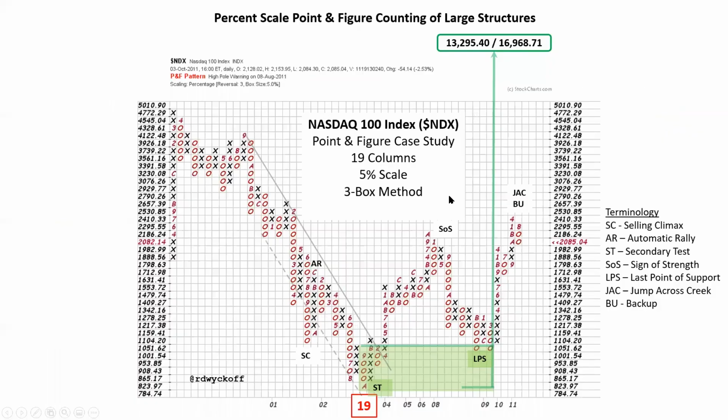I'll show you one more today and we'll come back to this, but this, and I only have 45 seconds, but percent scaling on the NASDAQ 100. This is really large, 5% scaling, 3-box method. I count 19 columns from the last point of support to the low right here. This is the low in 2002.